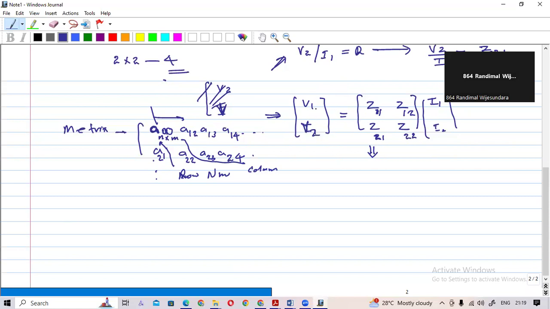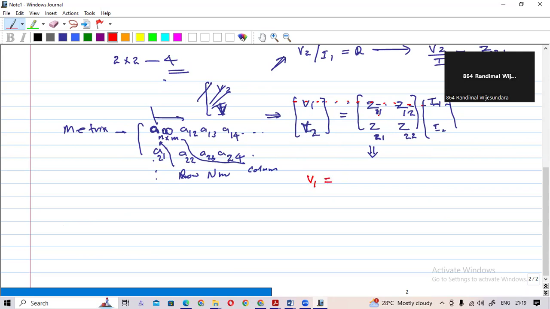If you consider this first row, the voltage is V1 and the equation is there.